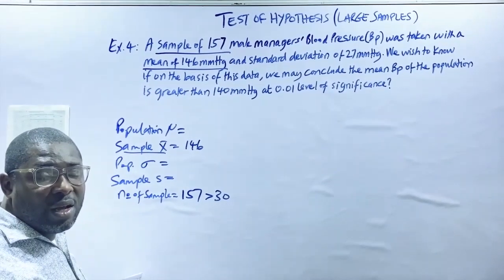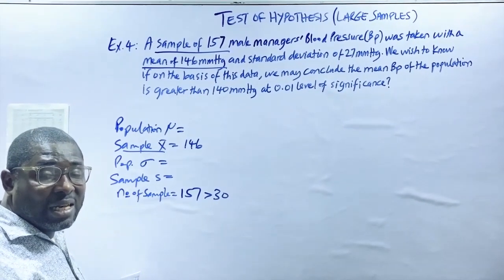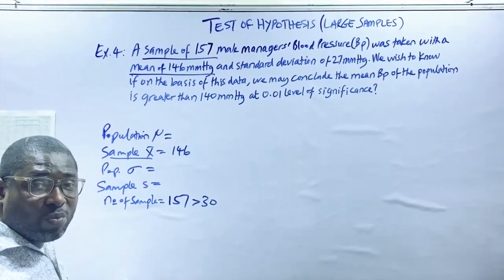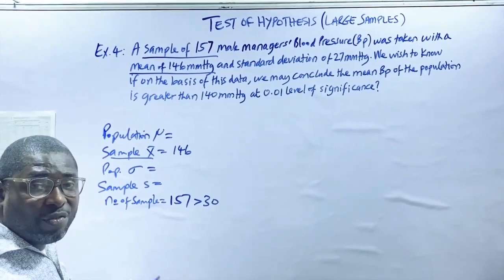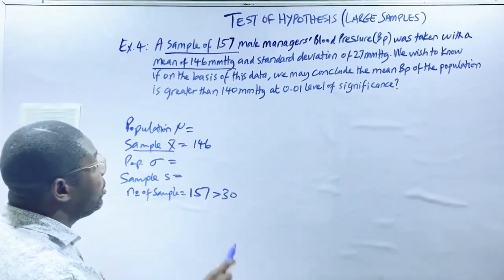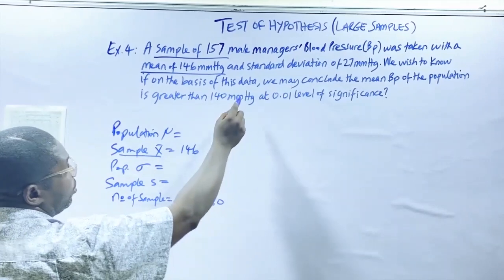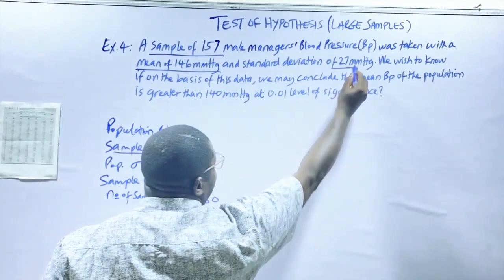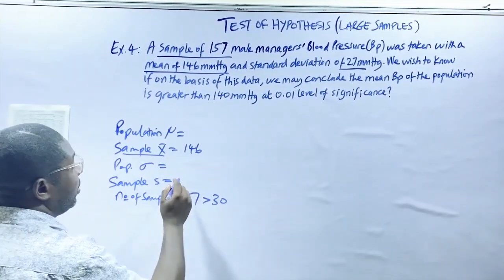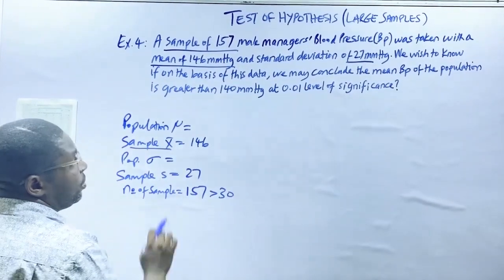If you're given a population mean and a population standard deviation, the population standard deviation will almost immediately follow the population mean. In this case, we have the sample mean given, and we're also given the sample standard deviation as 27. Then the question is, what will be the population mean?